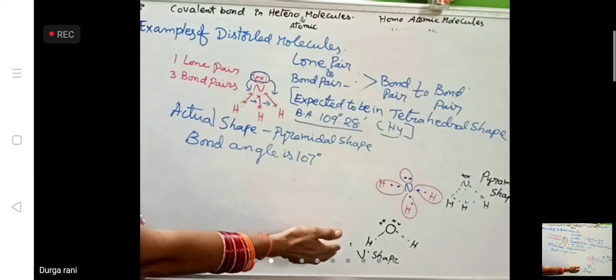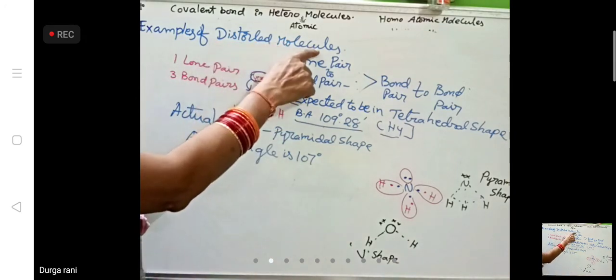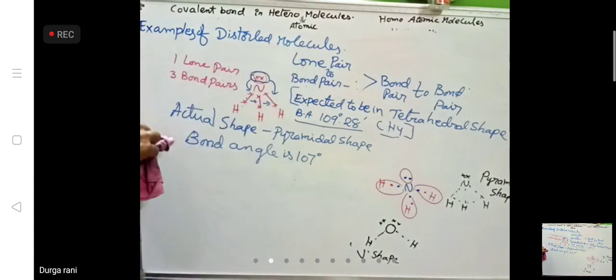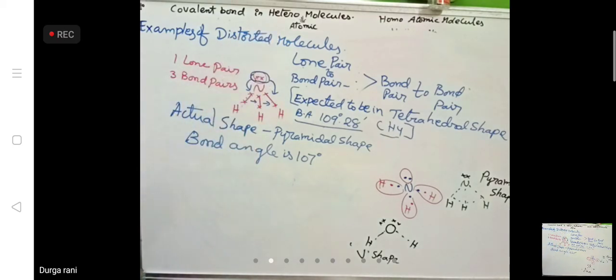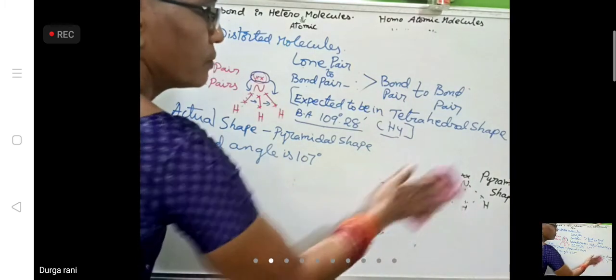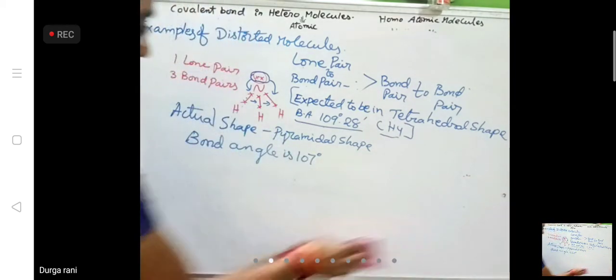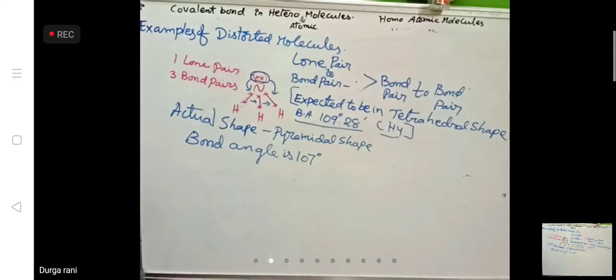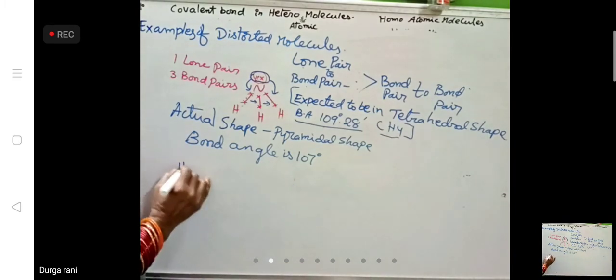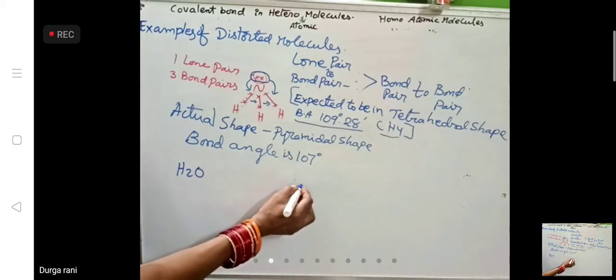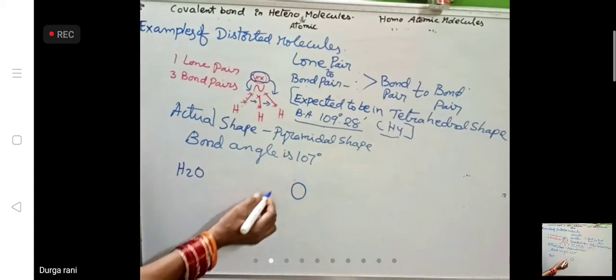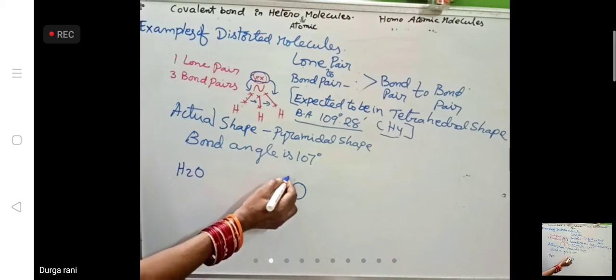See, the next molecule is that. I did not give one molecule here. Distorted molecules means two examples I am going to deal with. Now let us go and deal with the water molecule. What is the formula for water? H2O. And on oxygen, how many lone pairs are there?